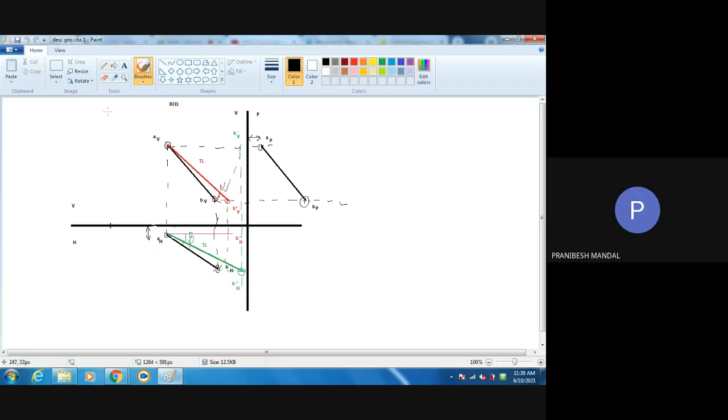So in order to get it, we need not have this sort of revolution and anything. I think it's better to draw again. So let us delete this thing.